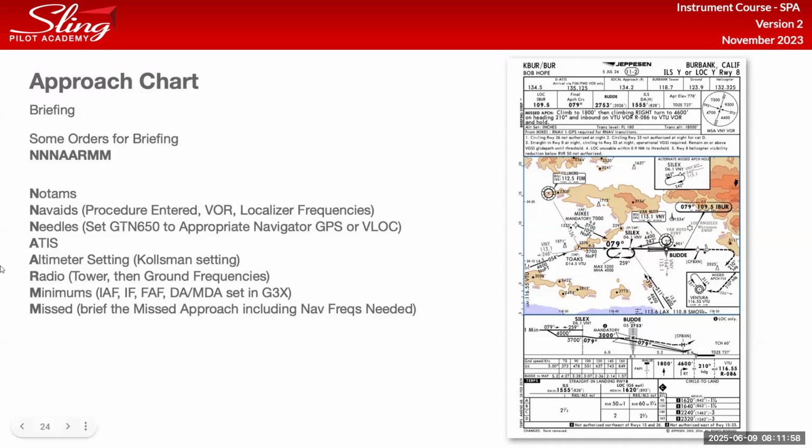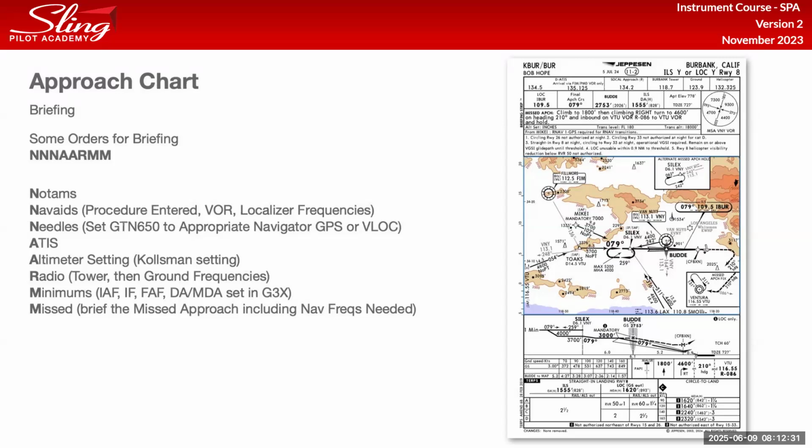So NOTAMs. Interesting. So they added another A and added a third N for NOTAMs and altimeter. Even though usually when I write down ATIS slash altimeter, yeah, I get that. Would you say NOTAMs should be in there?